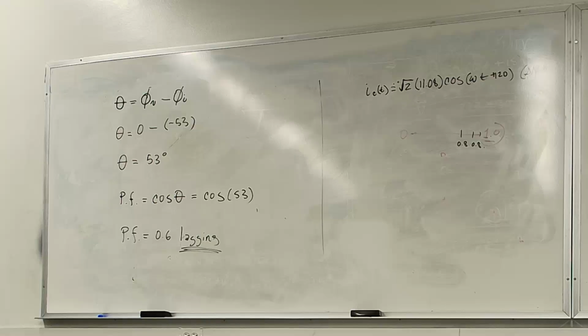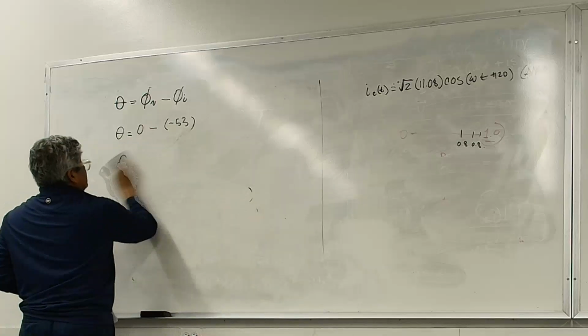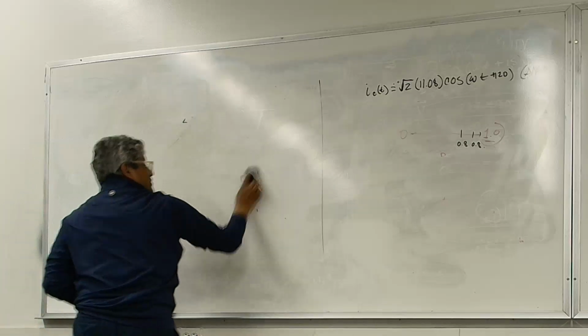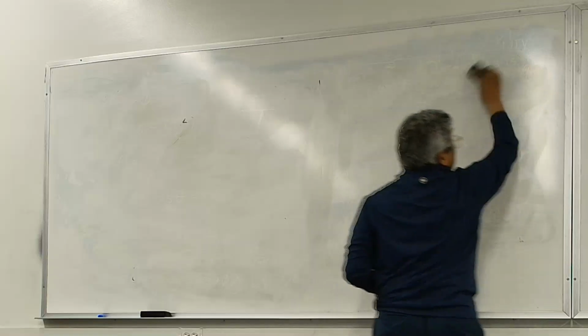So let's do that one just in case. I think the other one, 2.8, is very similar, and I'll give you the answer. As long as you know how to do this, you should be okay. Trust me, the exam is going to be a lot easier than this. If you know how to do this, you're in good shape.